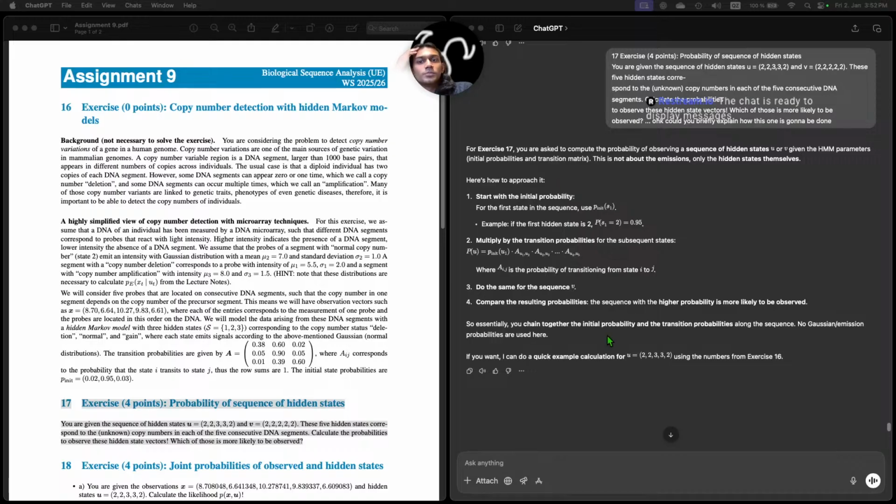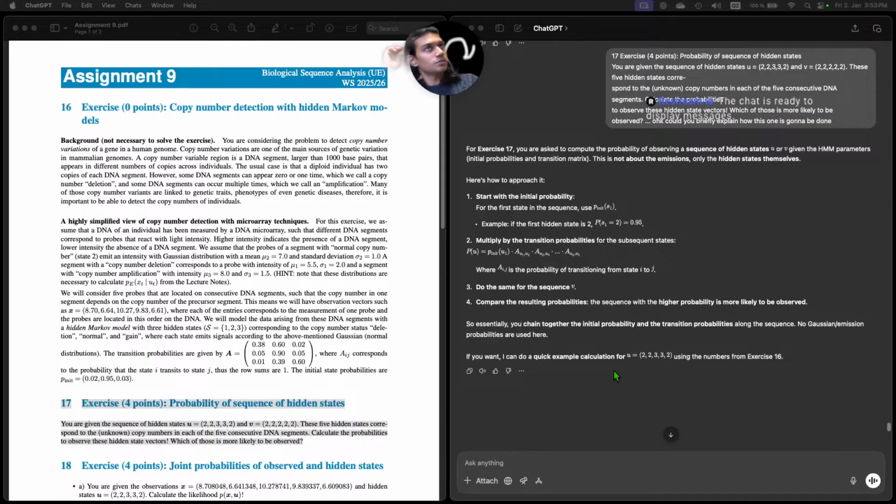You are asked to compute the probability of observing a sequence. Start with the initial probability for the first state of the sequence.